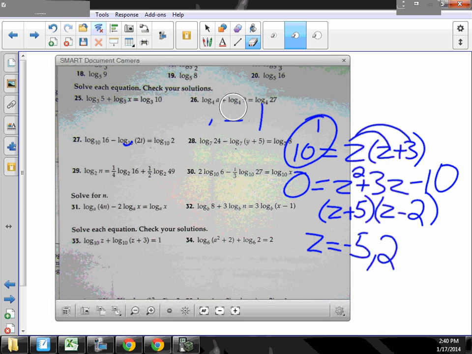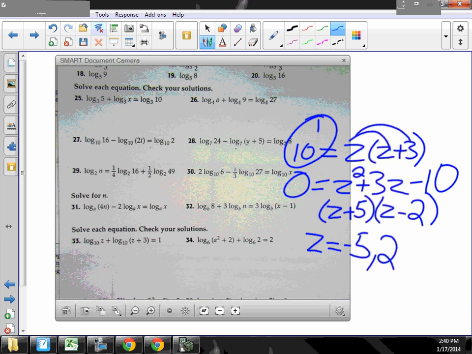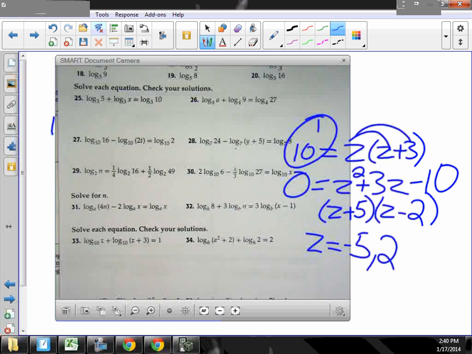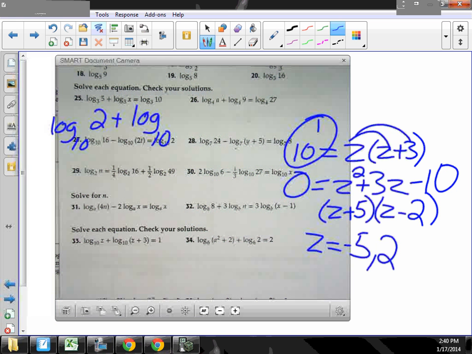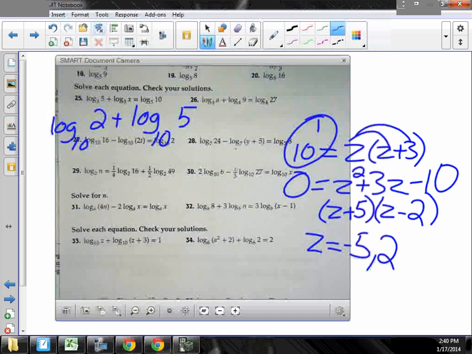So let's try it. Let's plug in 2. So we have log base 10 of 2 plus log base 10 of 2 plus 3 is 5. Well, if I combine those, I get log base 10 of 10, which is 1. So 2 worked, right? So let's plug in -5.